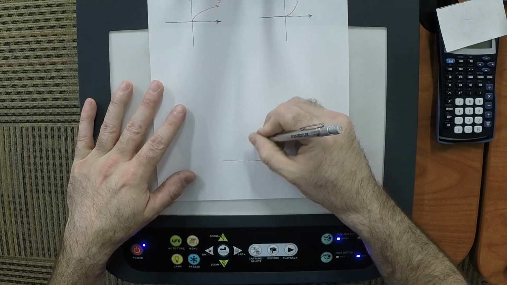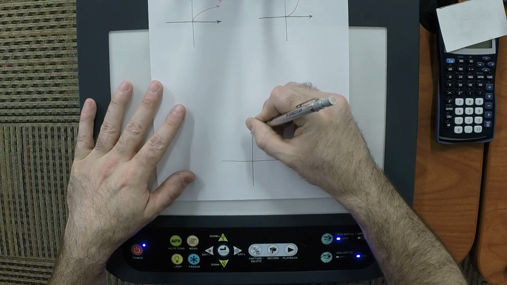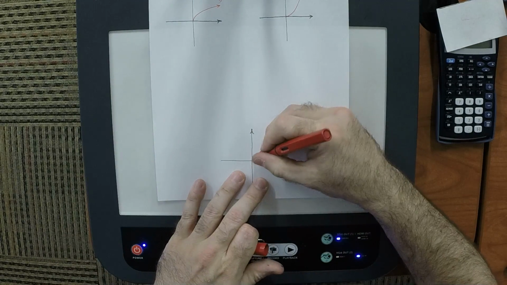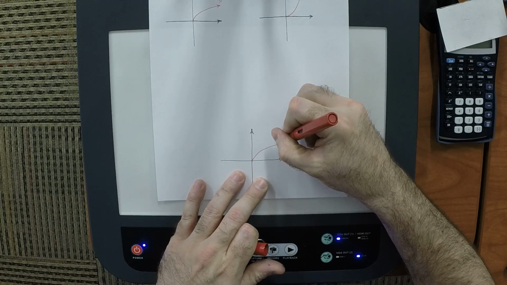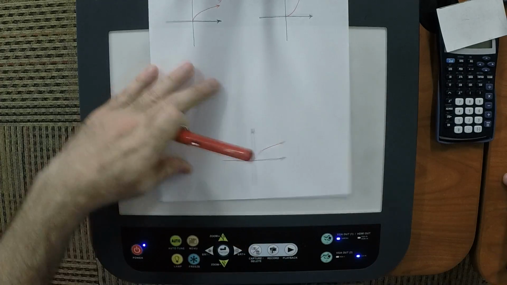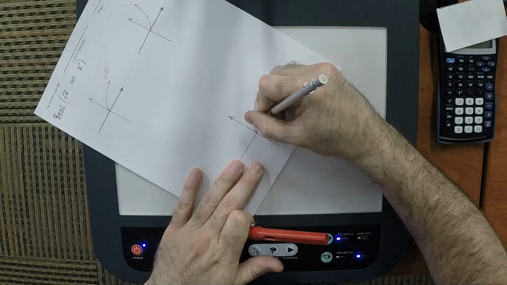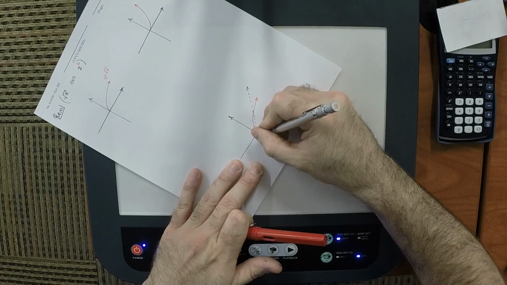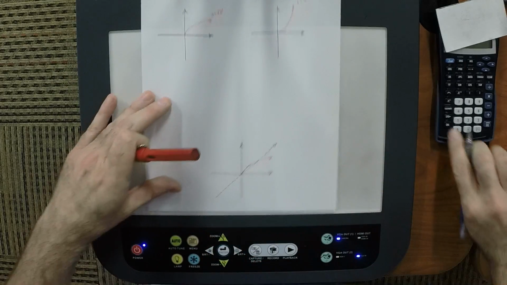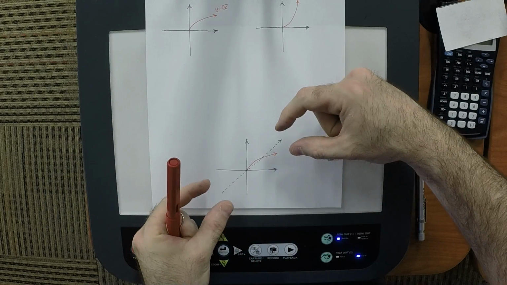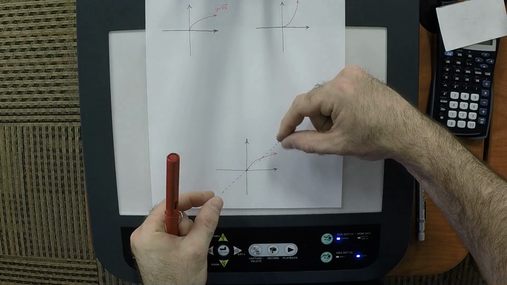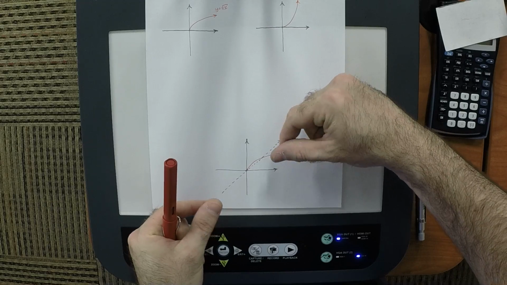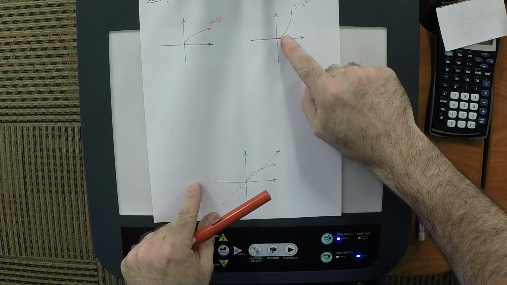So here's this, and here's the square root. Now if I draw this line right here, and you imagine this to be a device, if I grab it right there and twist it over, then what you'll see is that.